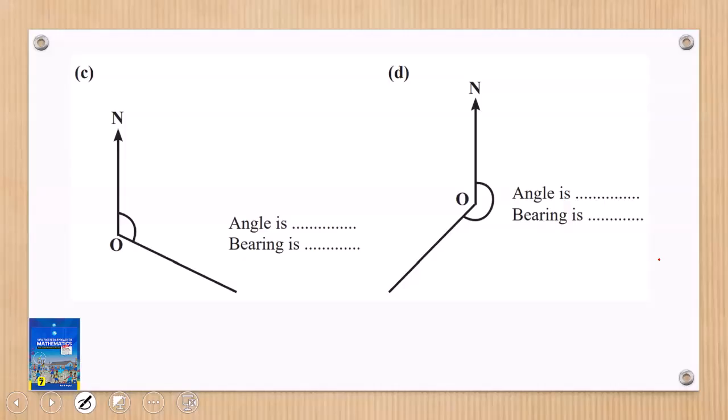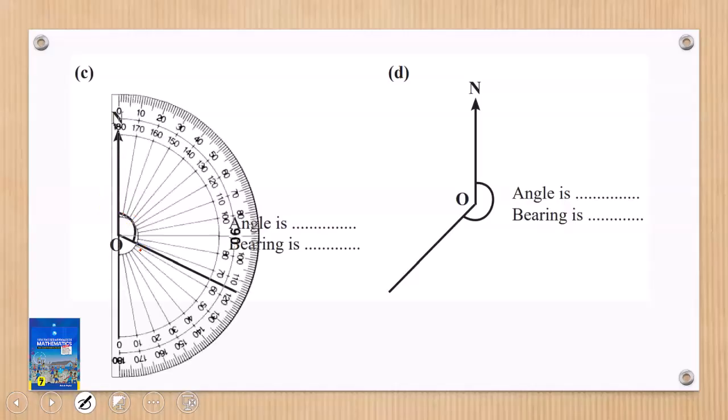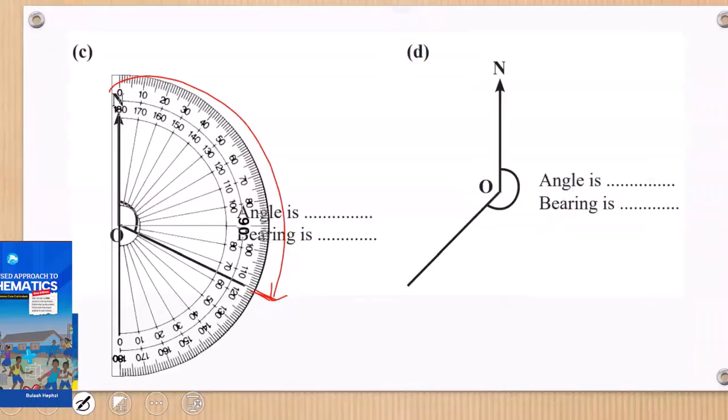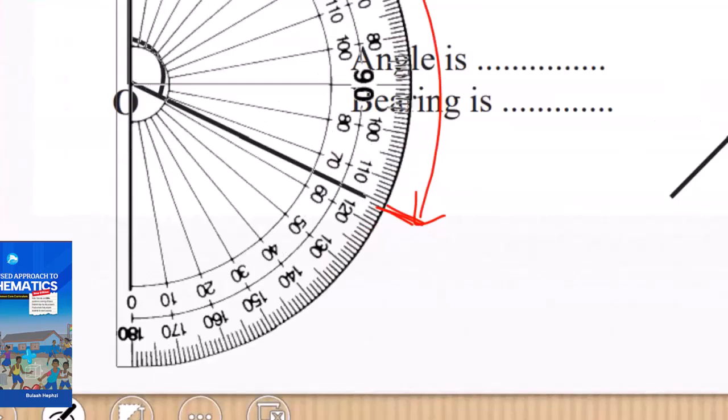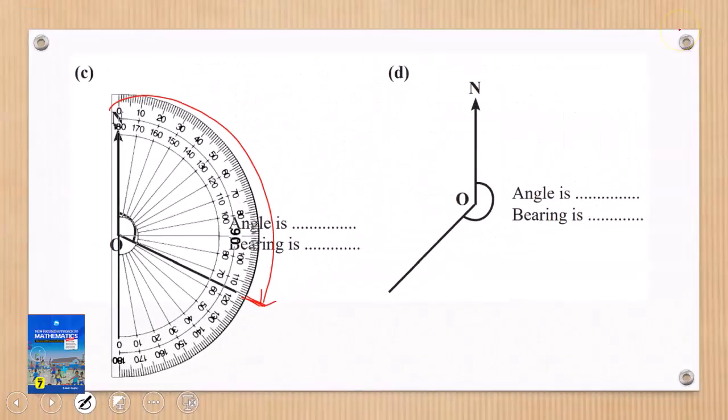So we want to know the angle for this one, and again we can measure, and when we measure, we can have our angle taken from this direction up to that point, and that point we are going to have as 115, approximately 115. But then our bearing also remains 115 because it must be in 3 digits.